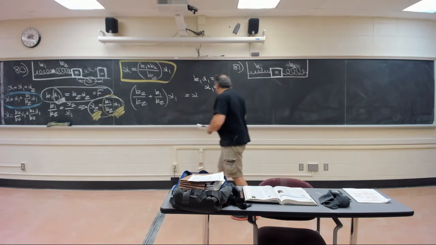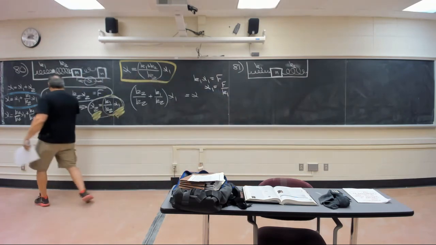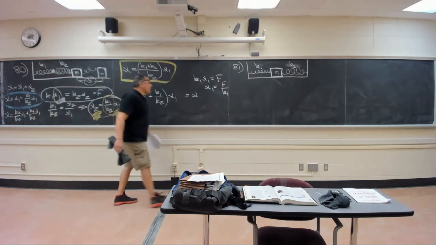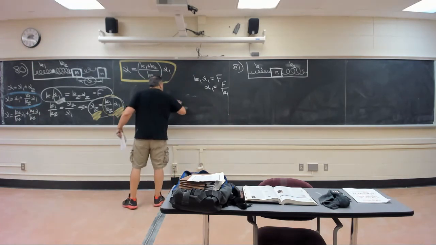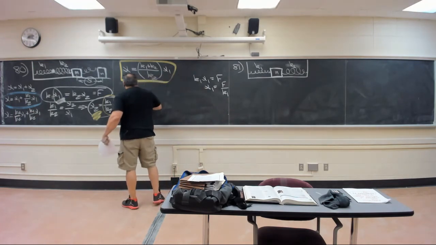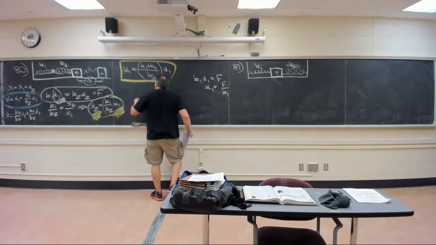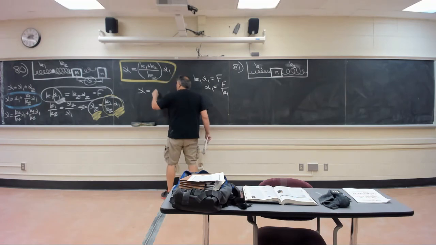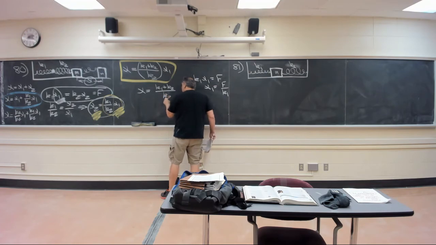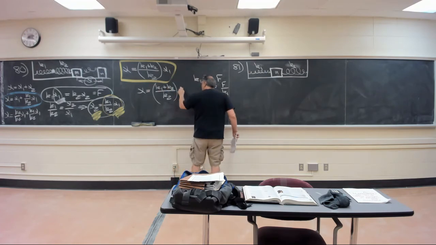Okay, x1 is F over K1. K1 plus K2 over K2. This guy is F over K1.